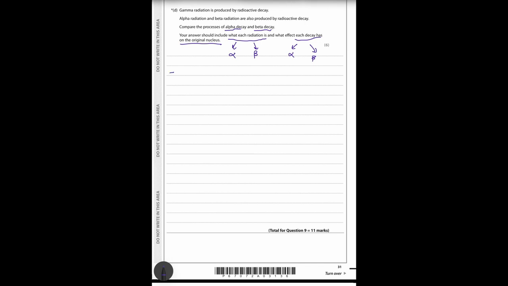So I know that alpha is 2 protons and 2 neutrons. Obviously you'll write it out in full in the exam, but I'm not going to do that. I'm just going to do it quickly. So 2 protons and 2 neutrons. I know that's the same thing as a helium nucleus. And again, you'll write it out properly in the exam, but I'm just going to do it quickly here for the sake of it.